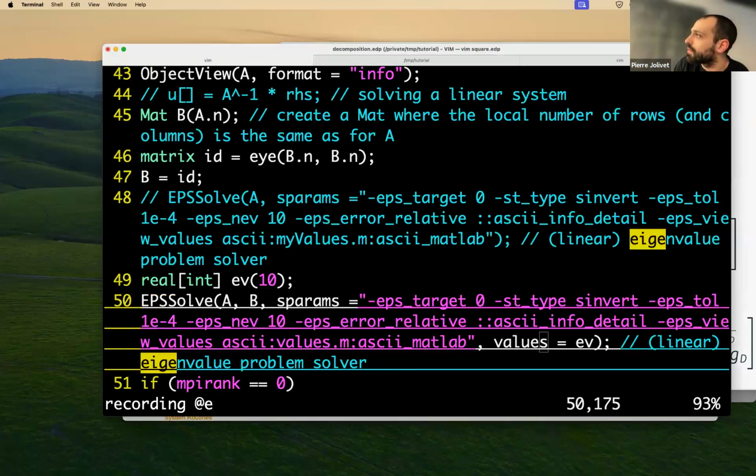Okay. So this is the eigenvalue. Eigenvalue is easy because it's just a scalar. And so now we will want to, for example, process the eigenvectors. And so for processing the eigenvectors, we will need to first supply a vector to EPSSolve, in which we will be able to store the eigenvector.